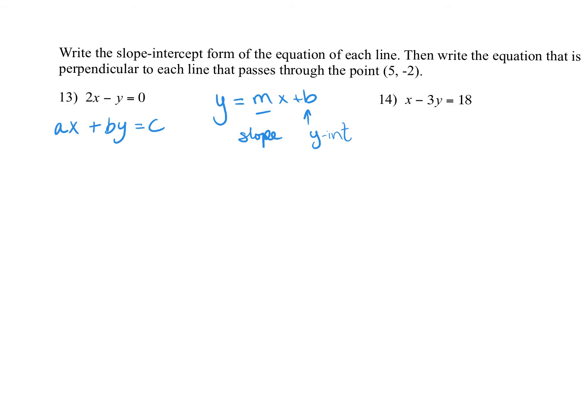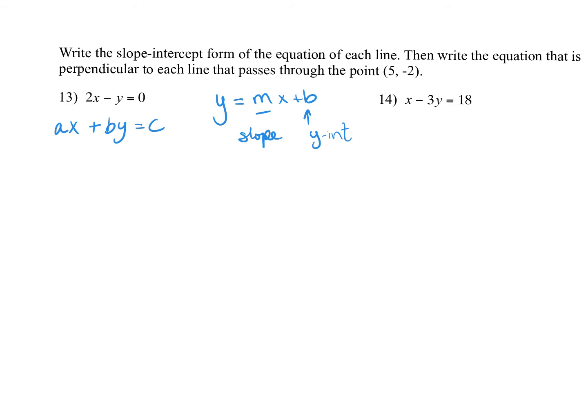And that's what's so great about slope intercept form, is we can look at it and know exactly that the number in front of x is my slope. So how can we change that equation from standard form, where we don't know what the slope is, to our slope intercept form, where we can identify the slope?